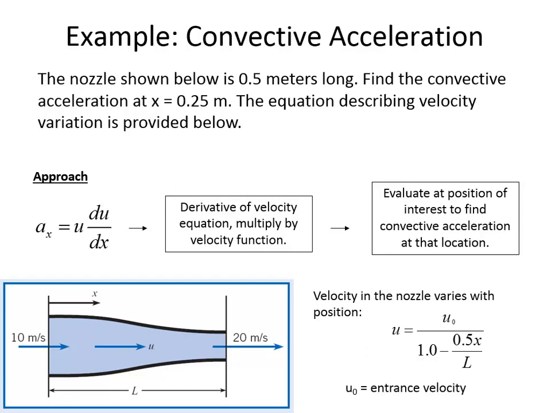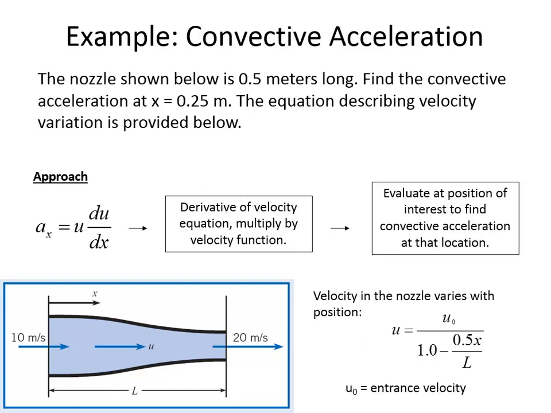Okay, so that is going to be the velocity, (1 minus 0.5x divided by L), times 0.5 over L. Now, we got this from the chain rule.